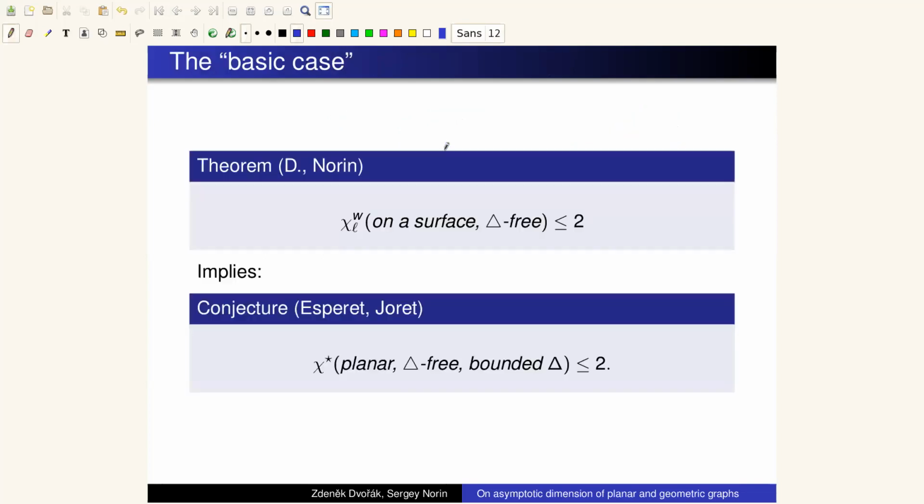What we can at least prove is a simpler version, where the graph is actually triangle free, so all the faces have length at least 4. And this answers the conjecture of Esperet and Joret, who conjectured it for the clustered chromatic number of planar triangle-free graphs.